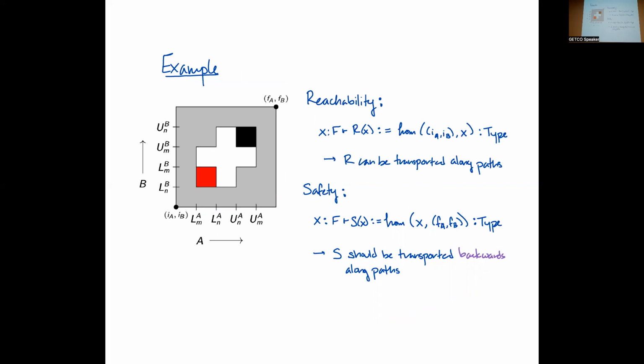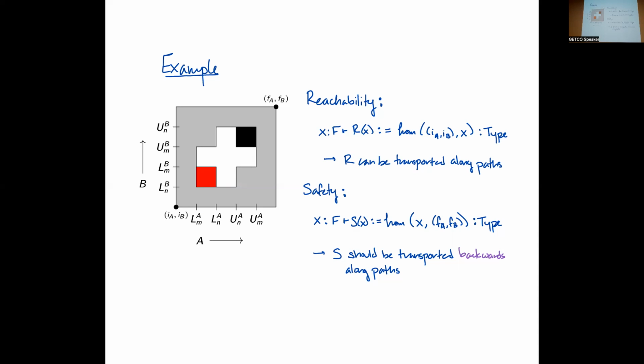And we can formulate notions of reachability and safety as predicates on points in this space, or in terms of this type. For example, we can have a predicate reachability that basically says there is a directed homotopy from the initial state to our point X. And of course, this should be able to be transported along directed paths.